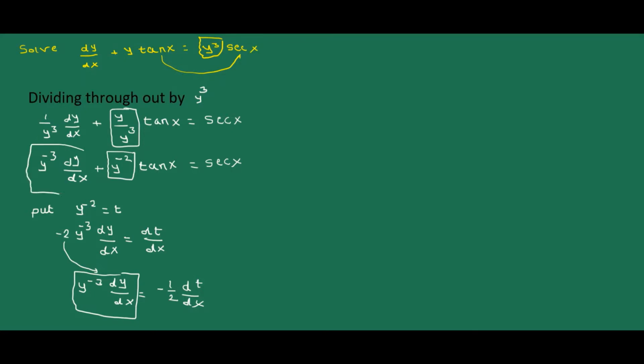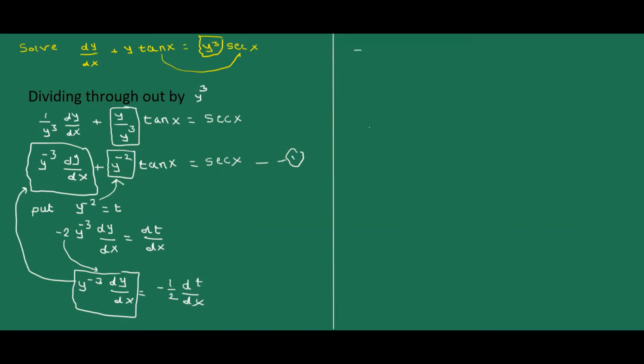Substitute this value in equation number 1. If you substitute this value in equation 1 and this y raised to minus 2, you will get minus 1 divided by 2 into dt divided by dx plus t into tan x is equal to sec x.